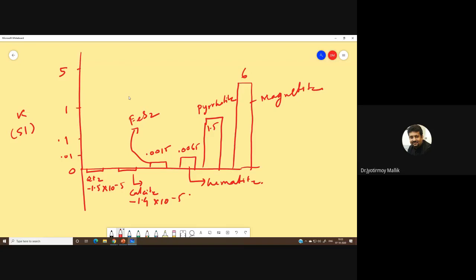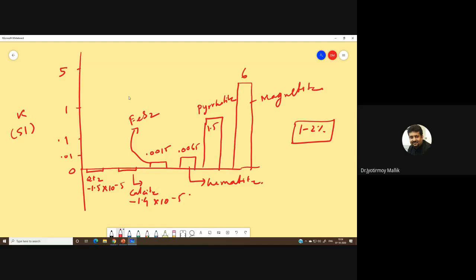So you can see the presence of pyrrhotite, magnetite or hematite will really enhance the bulk susceptibility of a rock. If they are present at 1 to 2% in a rock, that is good enough to make the whole rock behave as a ferromagnetic assemblage. So the diamagnetic and paramagnetic components are masked by the presence of the ferromagnetic minerals.